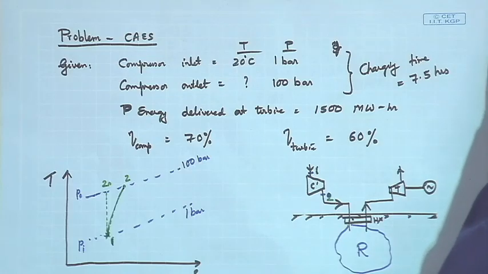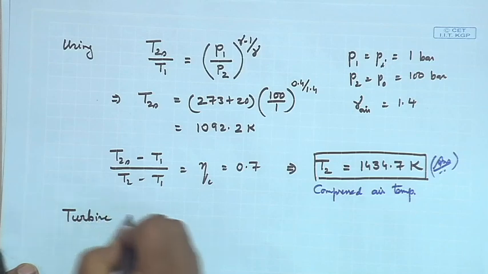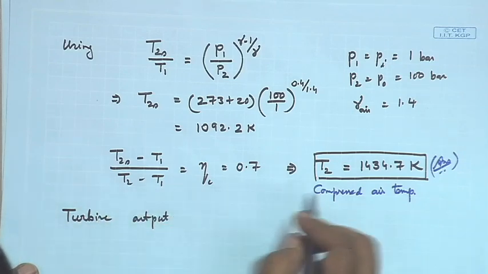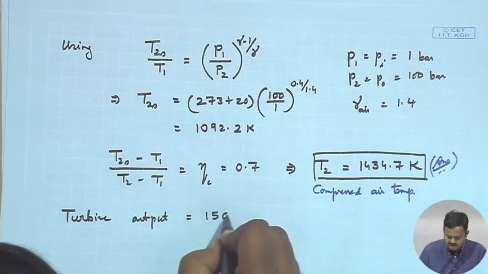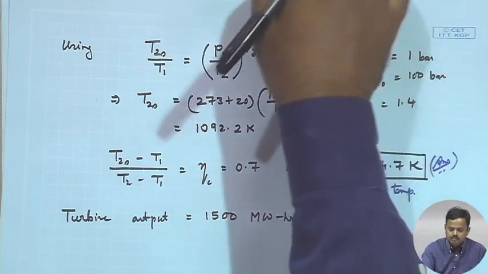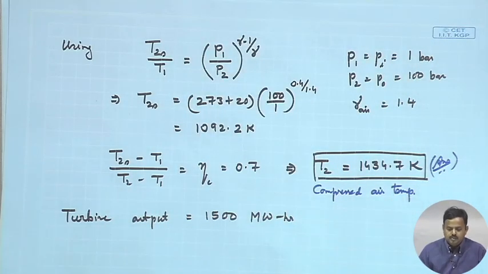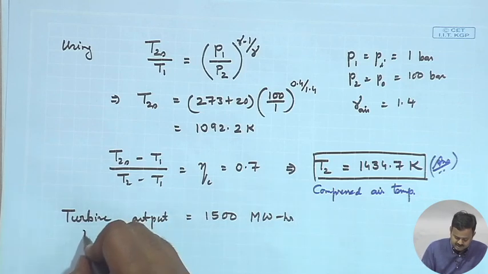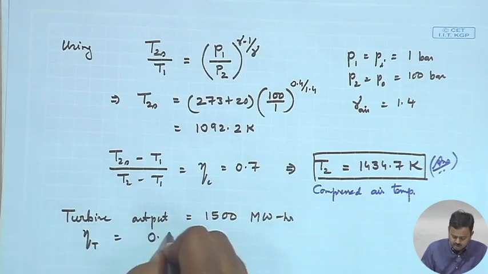So, what we will do next is for a turbine output, what is it given? It is given that the turbine output in this case, and when I say turbine, it is the peaking turbine, is 1500 megawatt hour. I also know that the turbine efficiency is given to be 0.6.